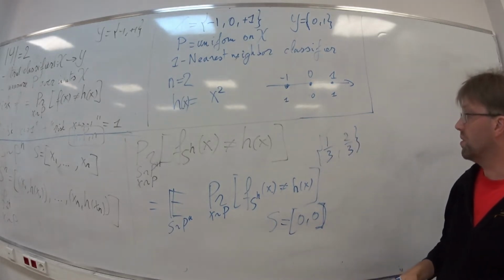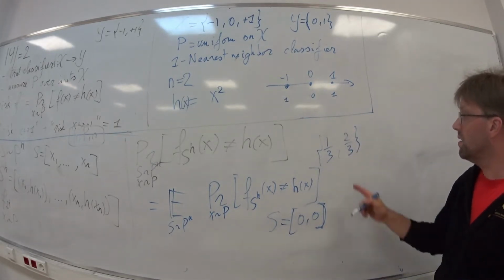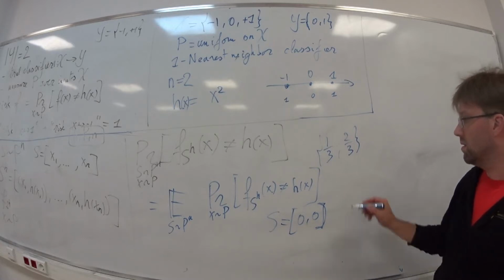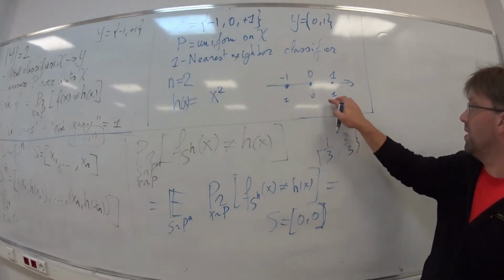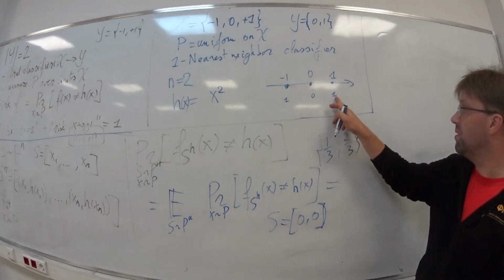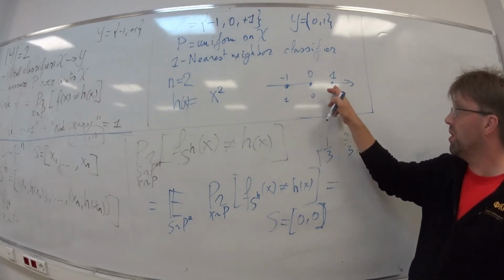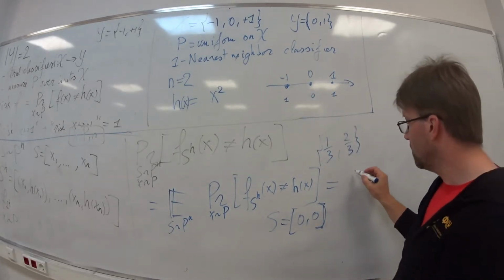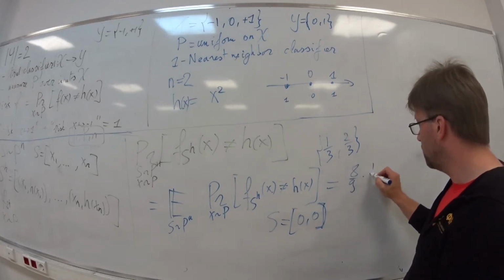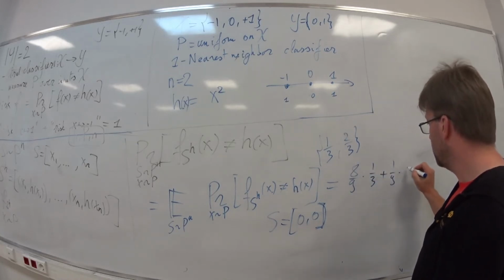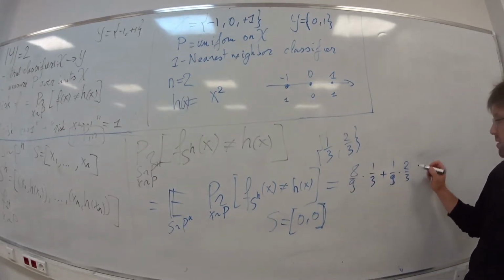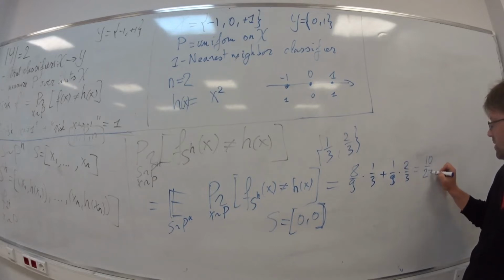If we have 2 different points, we have 1/3 risk. In the other case, we have 2 times this point or this point, and then one of them will be wrong and the other will be correct. So this is equal to 8/9 times 1/3 plus 1/9 times 2/3. So it's a little bit more than 1/3. So it's 10/27.